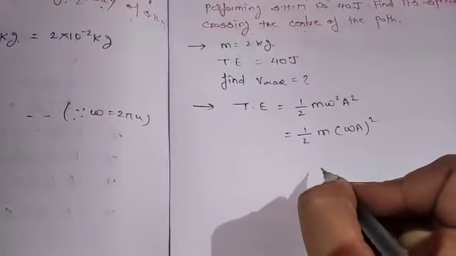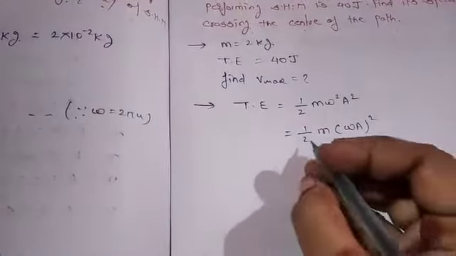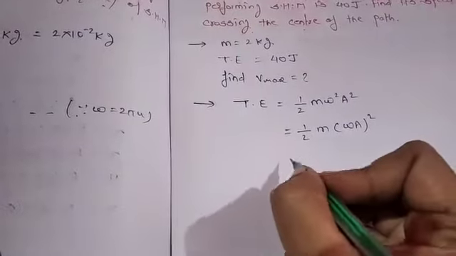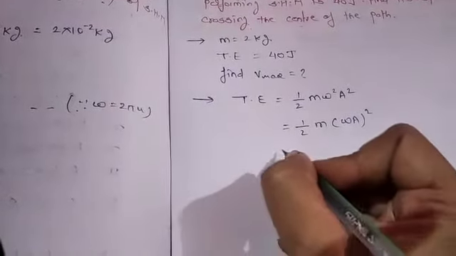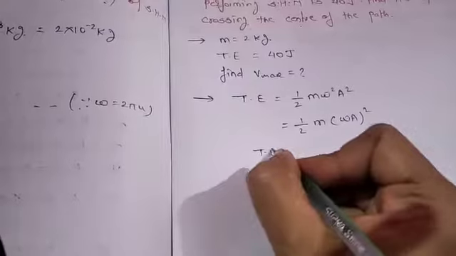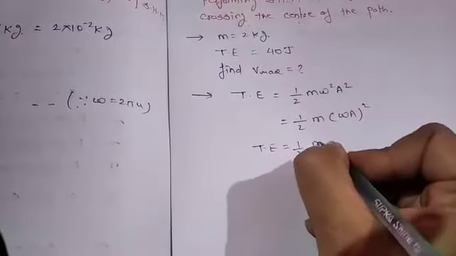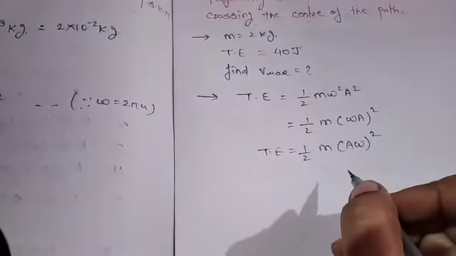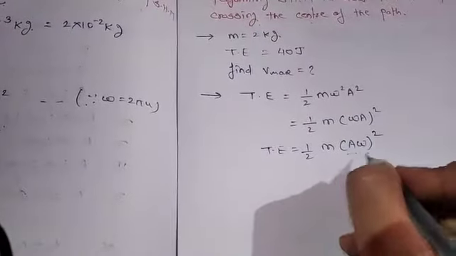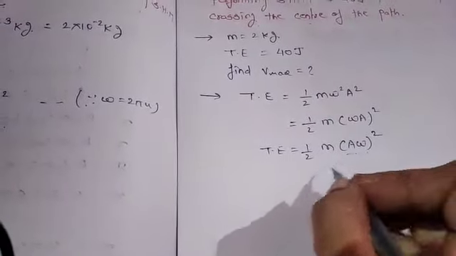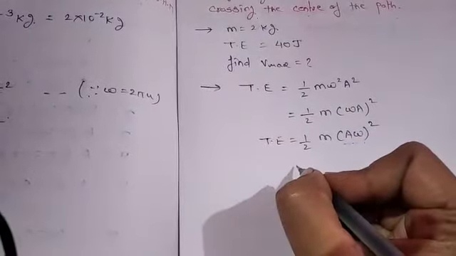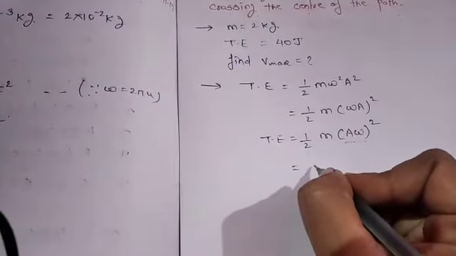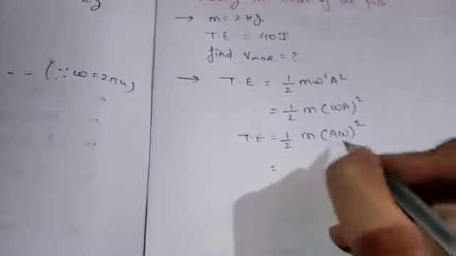That is, total energy is equal to 1 by 2 m, where instead of omega into a we write a omega. This a omega is nothing but the maximum velocity.